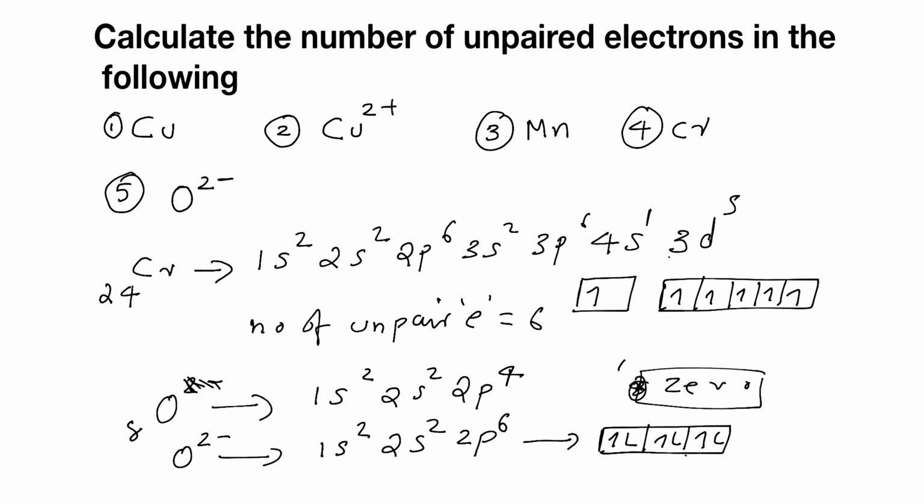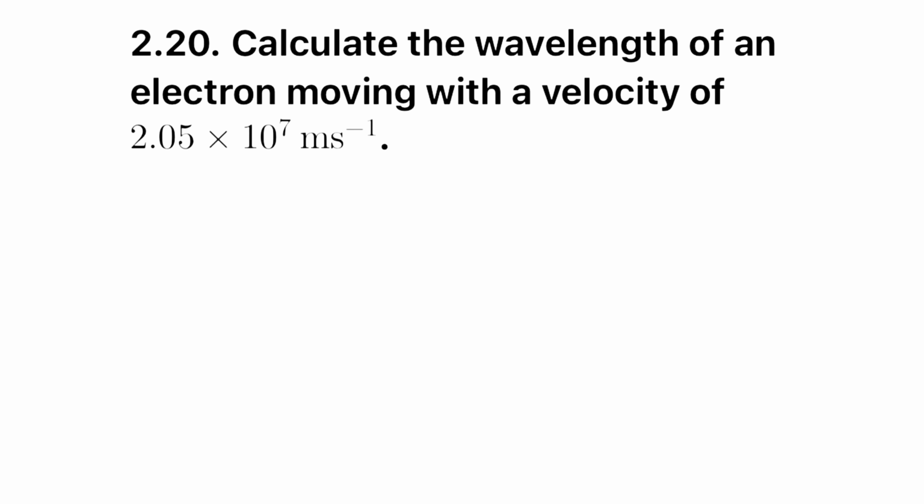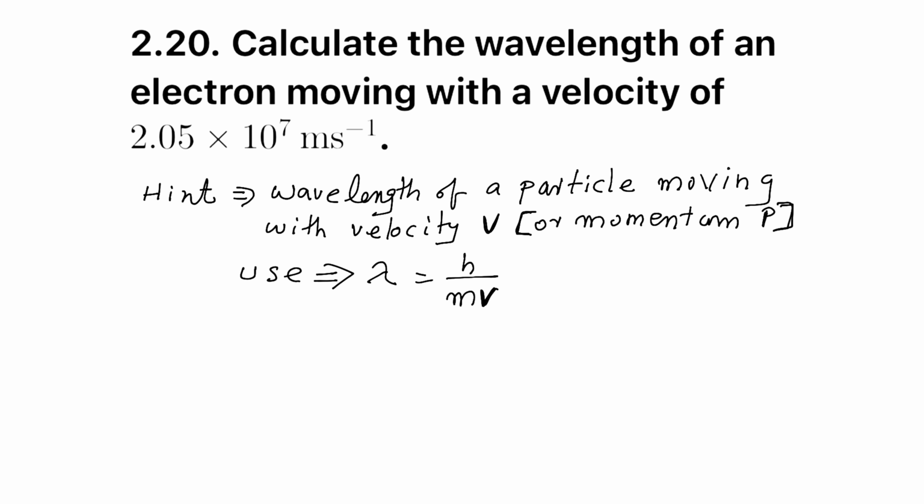Clear, right? Easy. Calculate the wavelength of an electron moving with a velocity of 2.05 into 10 raised to 7 meter per second. See, for this type of question, you can see a particle, an electron, moving with some velocity.